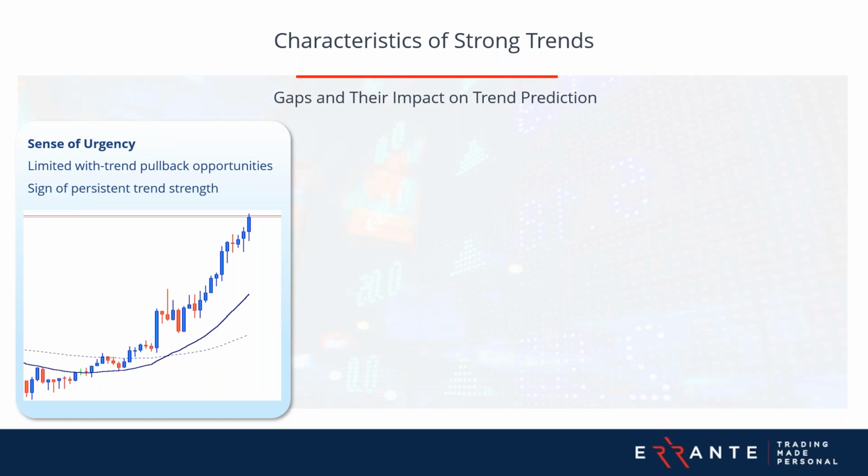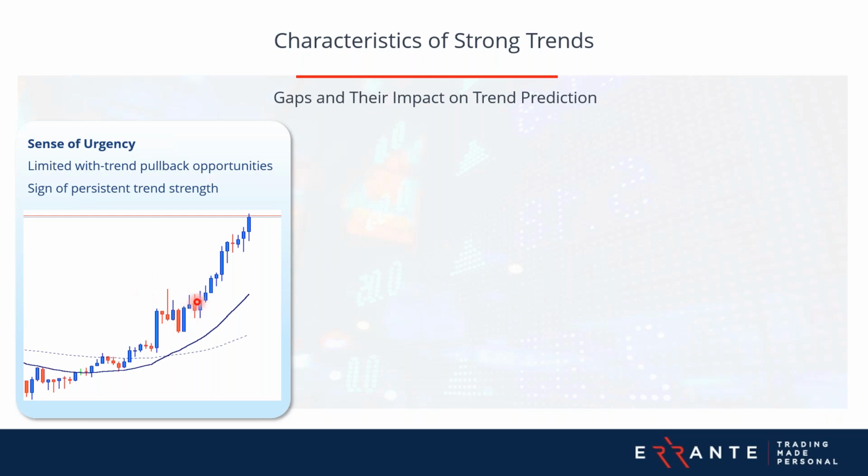The sense of urgency among traders, where the market offers few chances to enter the trend at a more favorable price, is a clear indication of a strong trend. For traders, recognizing this urgency means acknowledging the trend's strength and preparing for swift action to capitalize on limited pullbacks.